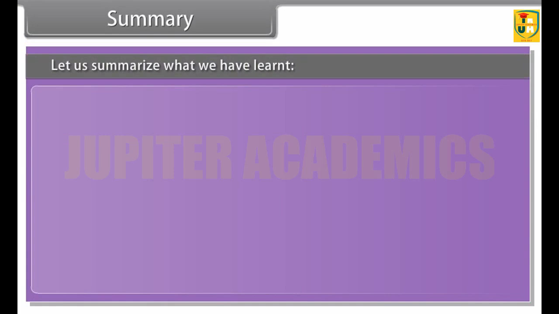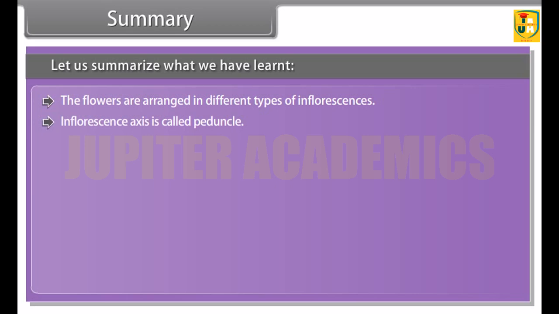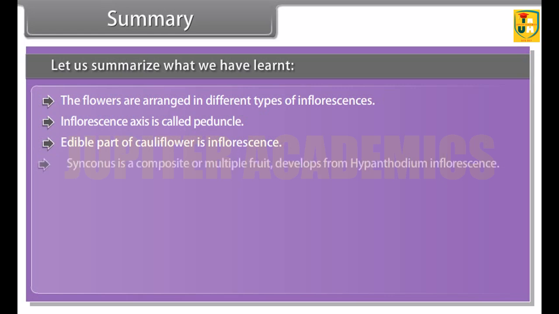Summary. Let us summarize what we have learnt. The flowers are arranged in different types of inflorescences. Inflorescence axis is called peduncle. Edible part of cauliflower is inflorescence. Cinchonus is a composite or multiple fruit, develops from hypanthodium inflorescence.